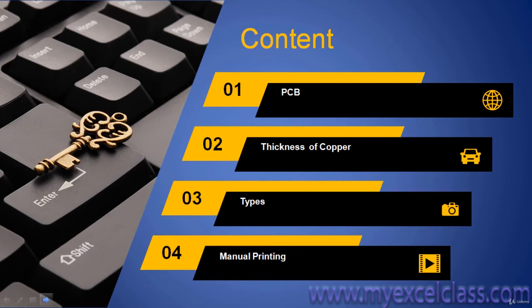Most PCBs for simple electronics are simple and composed of only a single layer. So the layers vary: single layer, double layer, and multi-layer are used in PCBs.